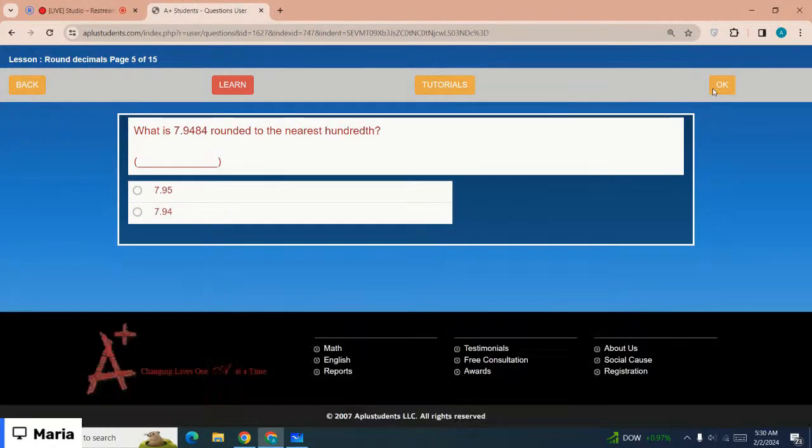The next one is, what is 7.9484 rounded to nearest hundredth? Which is the correct option?